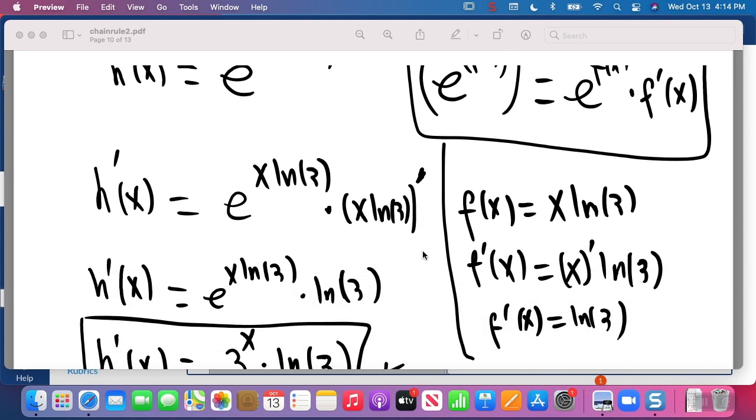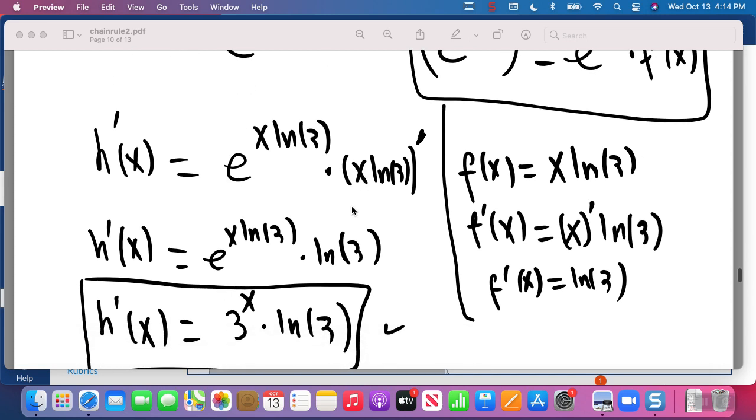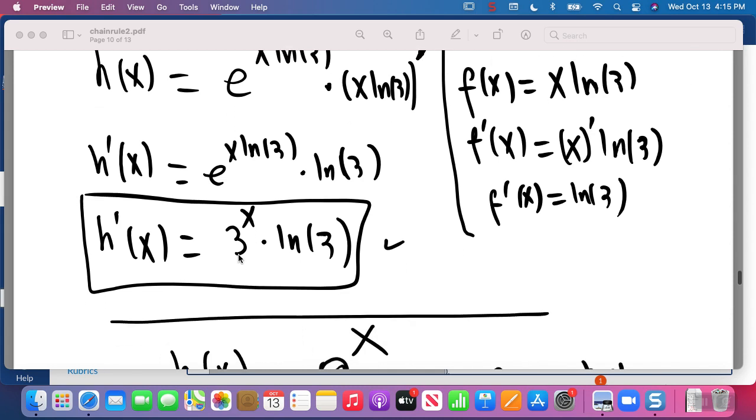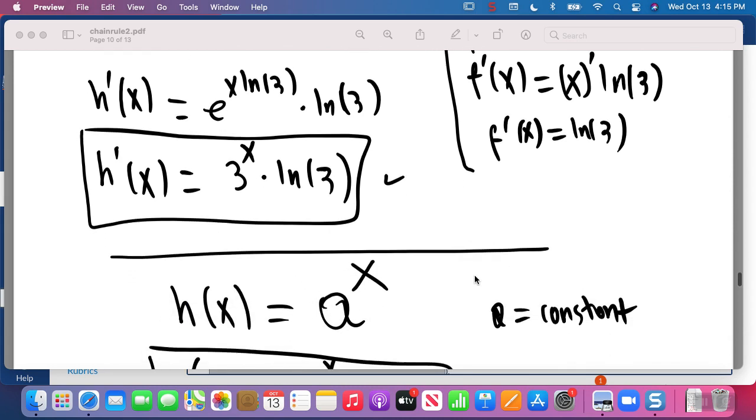Here we use that ln of 3 is a number. So when you take the derivative of x times ln of 3, you just get ln of 3. And then you change this back to the original function. So e raised to the power x times ln of 3 is 3 to the x. So the answer is 3 to the x times ln of 3.